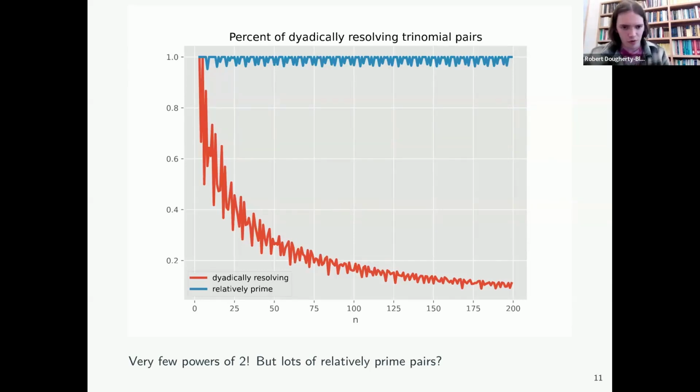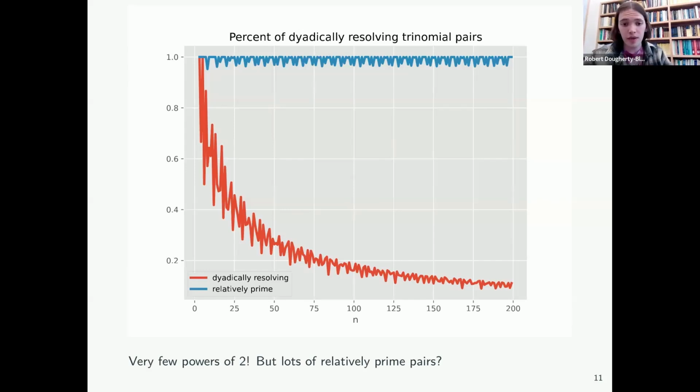That doesn't mean it's a power of 2. It just means that it's not 0. It could be 3 or 5 or 7 or whatever. So if you dyadically resolve, you automatically become relatively prime, meaning that the blue line has to be on top of the red line, but there's no reason for it to be so far on top of the red line. That seemed to be a bit of a mystery.